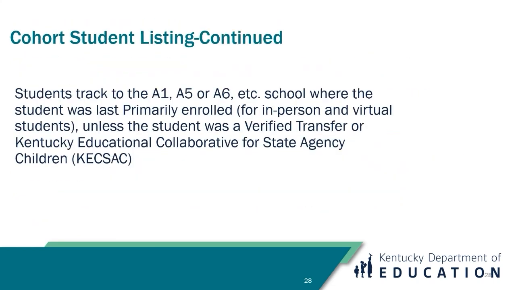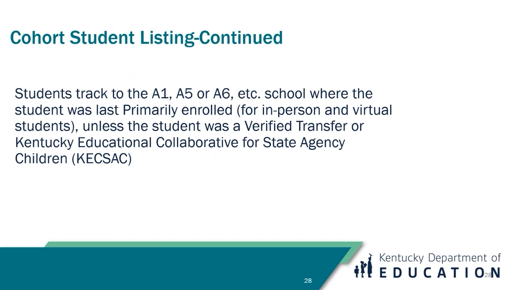For cohort, you also want students to track back to their A1 or A5 or A6 school where the student was last primarily enrolled, for in-person and virtual students, unless the student was a verified transfer or a KECSEC student. And it's very important when it comes to accountability that you get the accountability right for cohort as well as for data review.